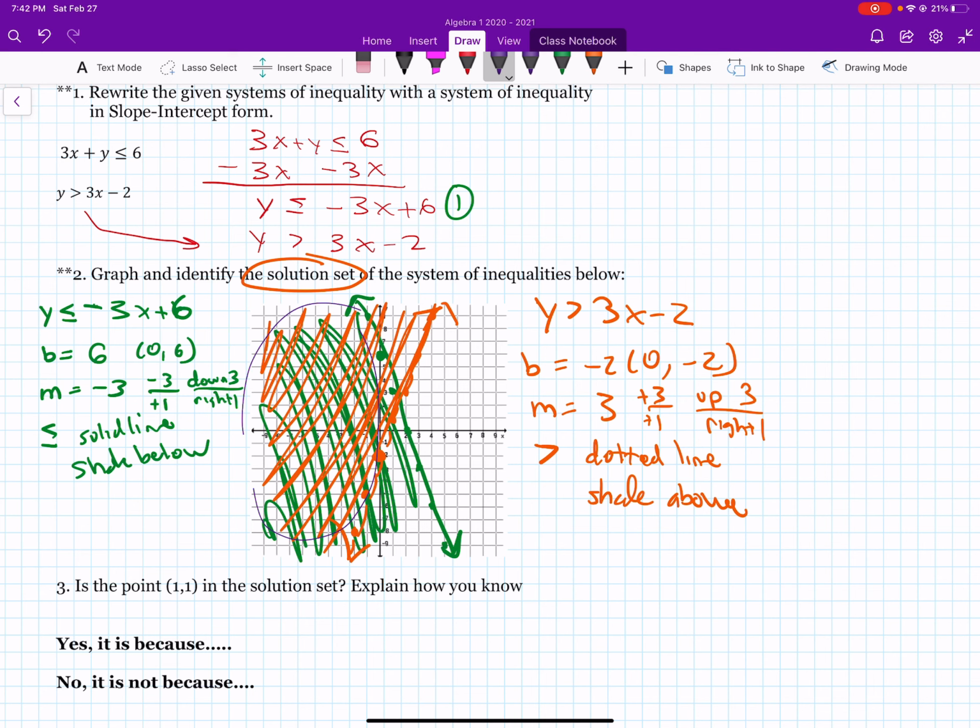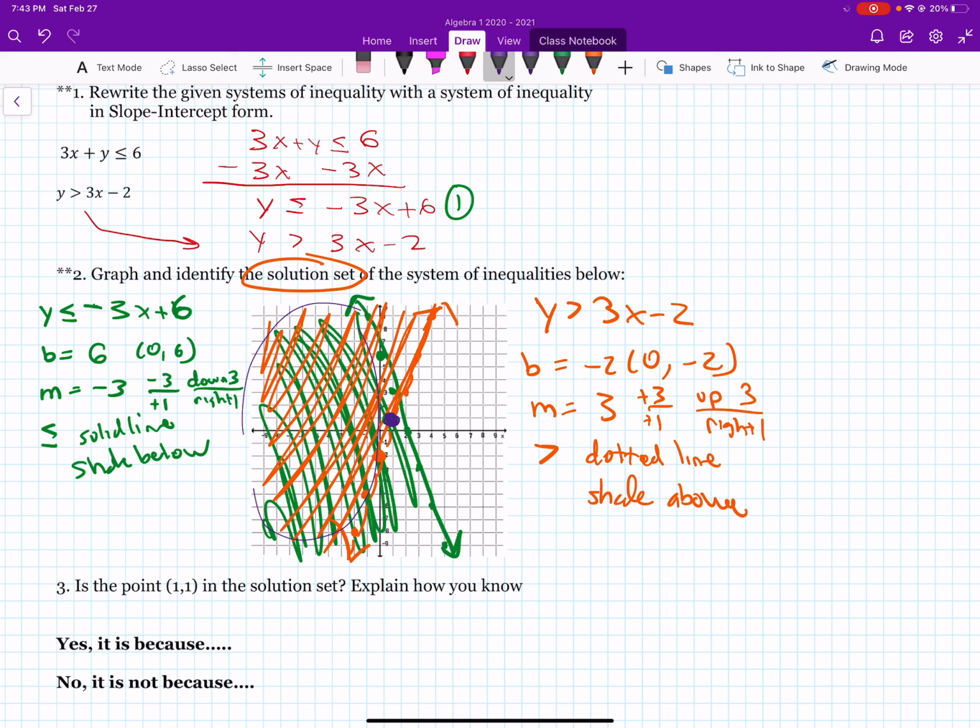All right. With that being said, is the point (1, 1) in the solution set? Yes or no? (1, 1) is right here. It is on the dotted line.